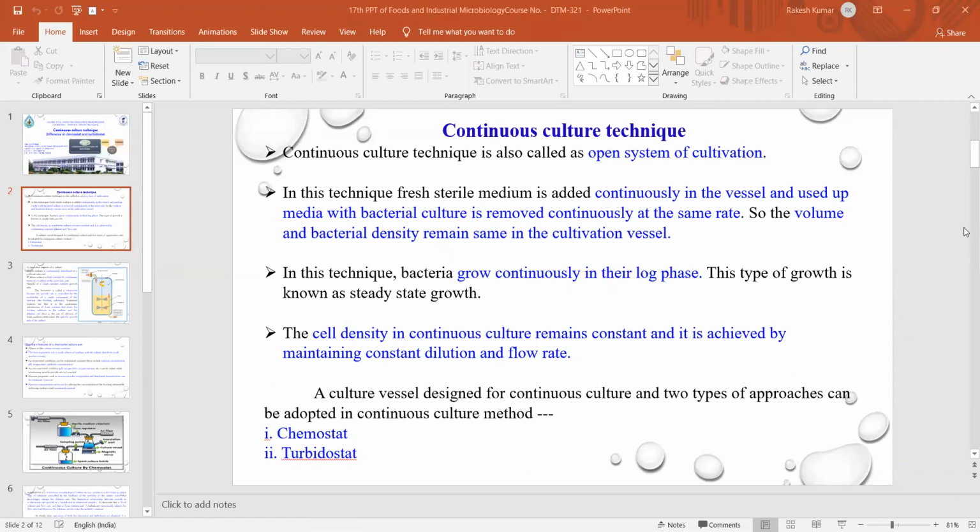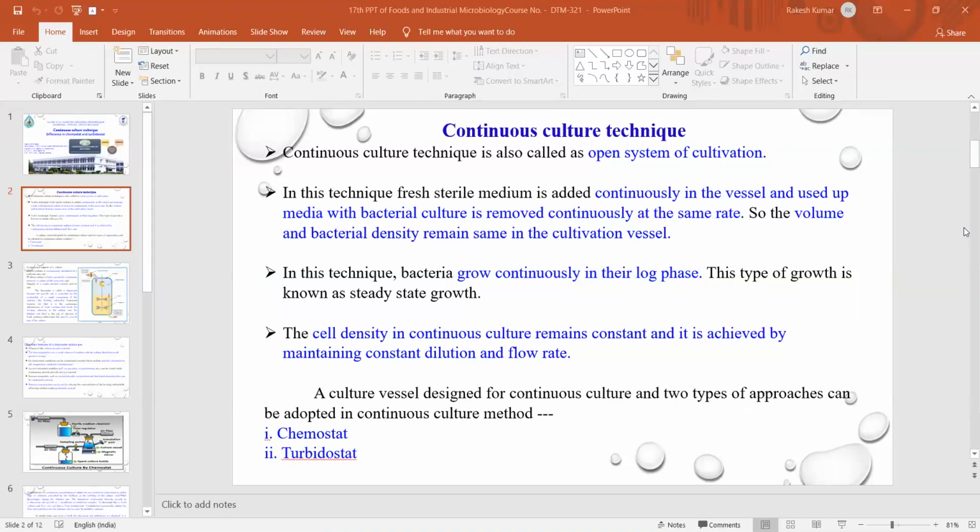So what is important in this? It is an open system of cultivation, and whatever the inflow rate of substrate is, at the same rate we will have to maintain taking out our final product from the system. So in this technique, bacteria grow continuously in their log phase, and this type of growth is known as steady state growth.